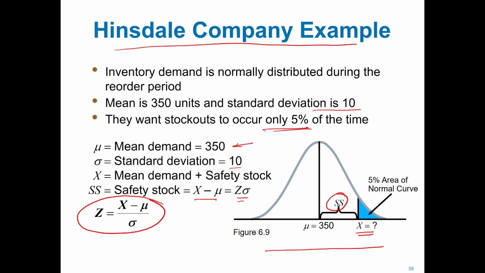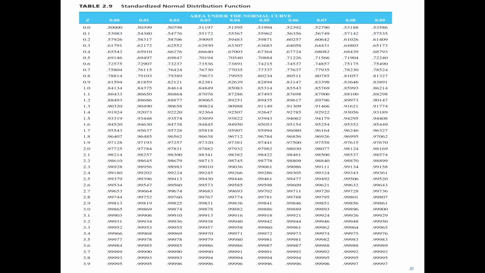Now how do we find z? Z is easy because we can use the normal tables, and here we are showing the table. We said that the service level is 95%, 5% stock out. So 95% is our area, which means that 95% of the time we should be able to supply our demand, to meet our demand.